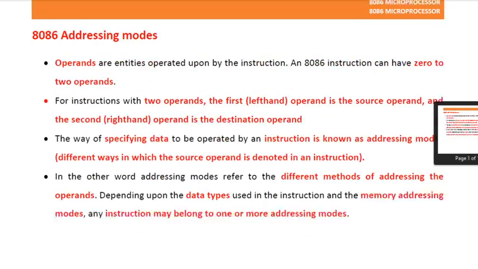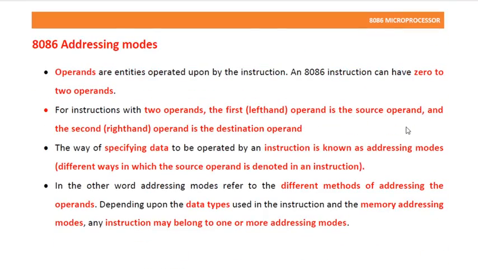Again, we'll recall what we've discussed in this class. We learned that a programming statement has operands and an instruction. 8086 has 11 different ways of addressing the operands.